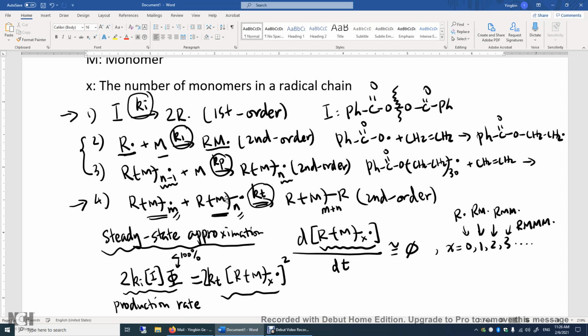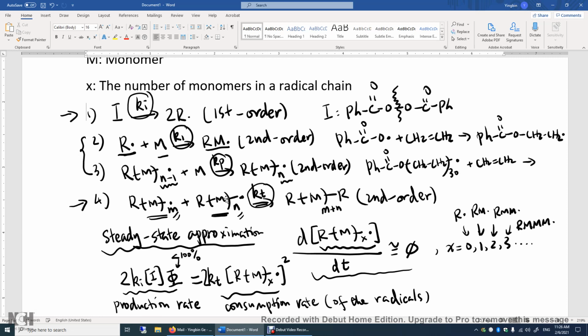This is the consumption rate of the radicals. All right, when the production rate is equal to the consumption rate, we have the change to be 0. So again, this is the steady state approximation.